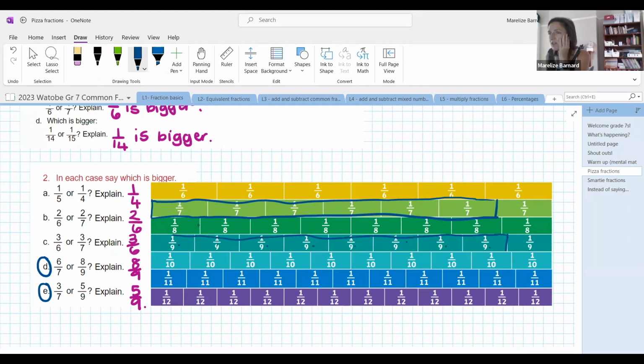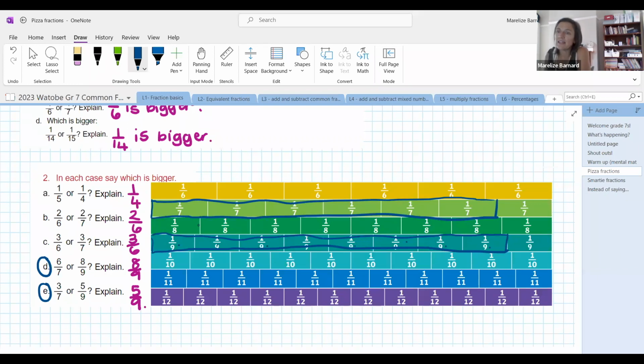Okay, so now you can see that 8/9 just by a slight little bit is bigger than 6/7. Okay, so if you're ever in doubt, draw a picture for yourself. It is absolutely fine. And then you can see much clearer that the picture can show you which one is bigger. Okay, so that was question D.